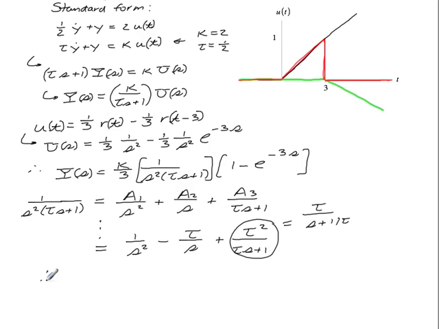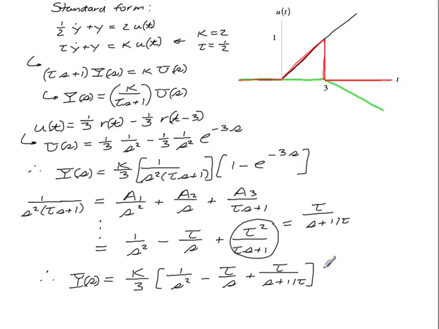So therefore our transformed response y of s is equal to our gain k divided by 3, times 1 over s squared minus tau over s plus tau over s plus 1 divided by tau, all multiplied by 1 minus e to the minus 3s.